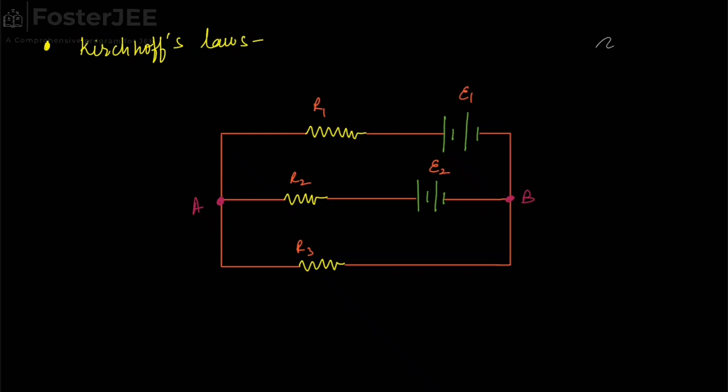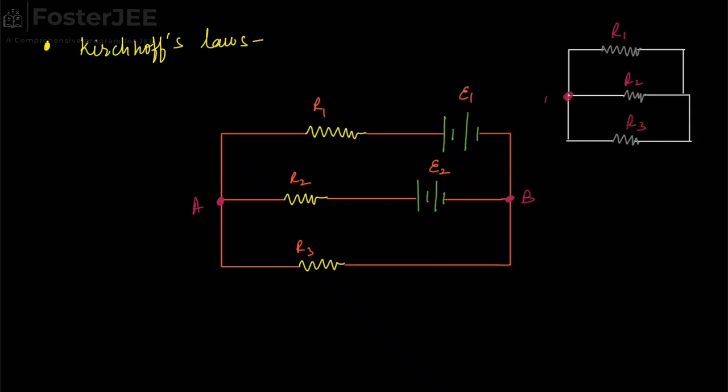When we don't have batteries, we can easily say that these resistors R1, R2 and R3 are in parallel if we have to evaluate across these 2 points. Why? Because all these branches are at the same potential difference, that is VA minus VB.